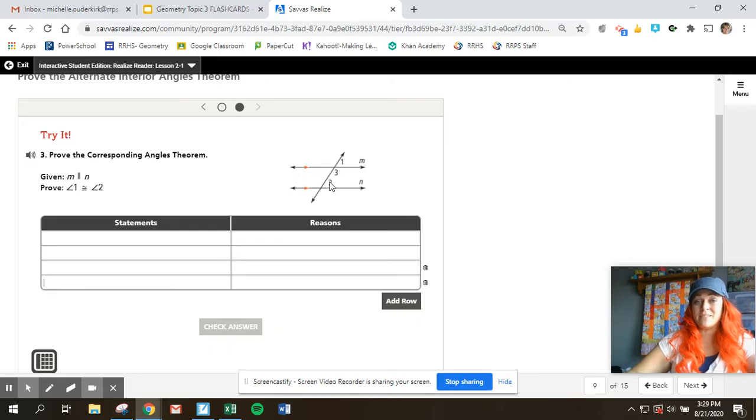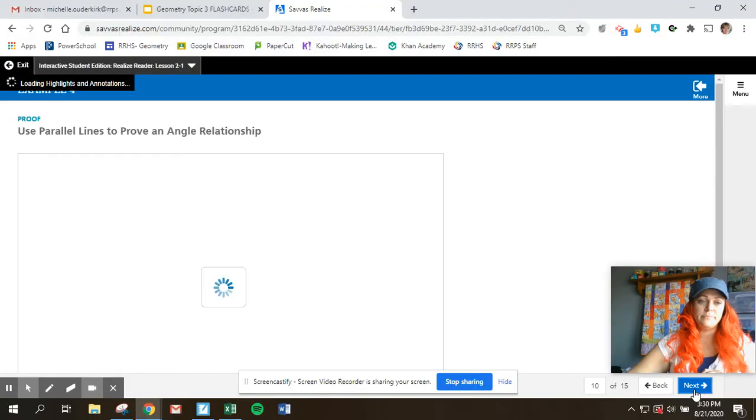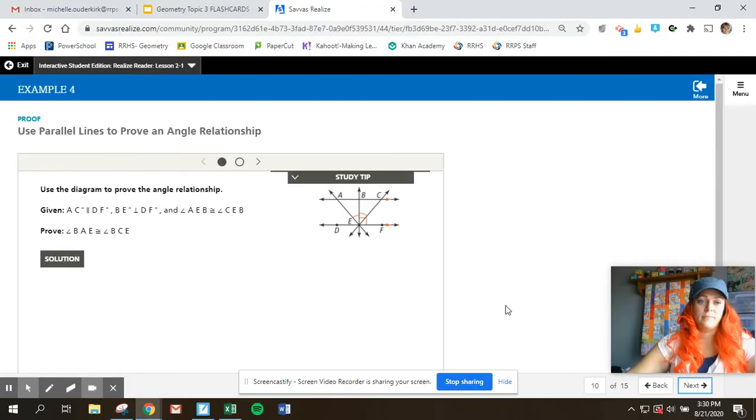So you might have to use same side interior. You could use angles on a line. Those make a line or supplementary. Or you could say linear pair. And then you try to get to angle 1 is congruent to angle 2. And the previous example really helps. So if you didn't understand this, go over it again or watch the video again.